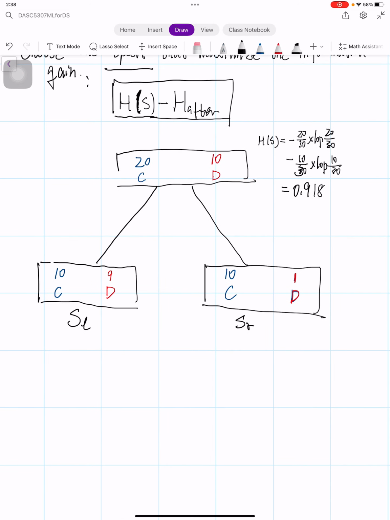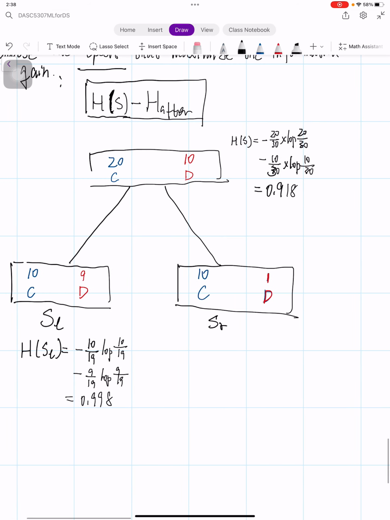And then we can calculate the entropy on this case too, which gives you negative 10 over 19 times log 10 over 19 minus 9 over 19 times log 9 over 19, which gives you 0.998.